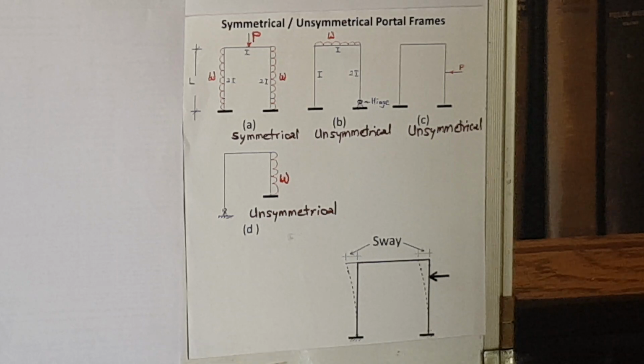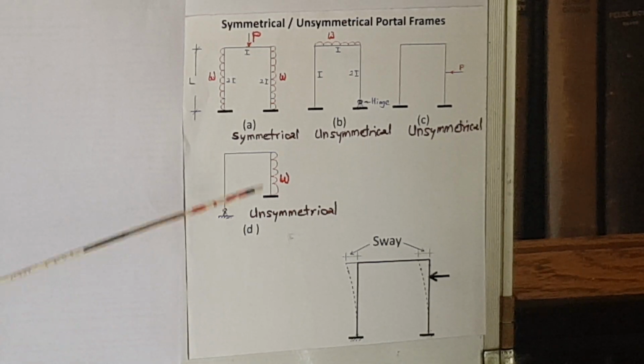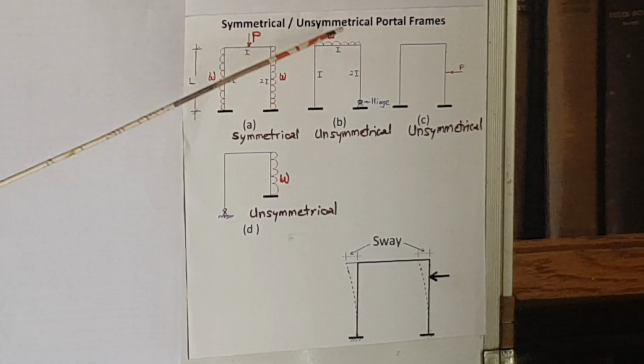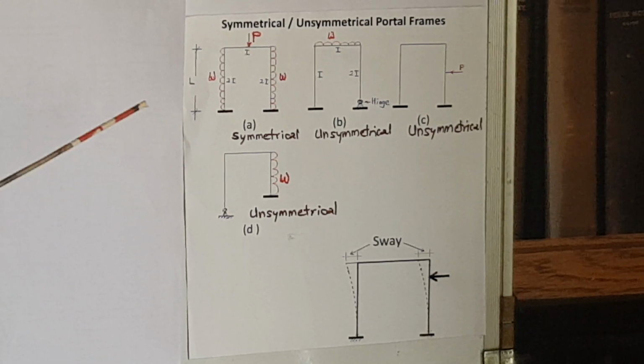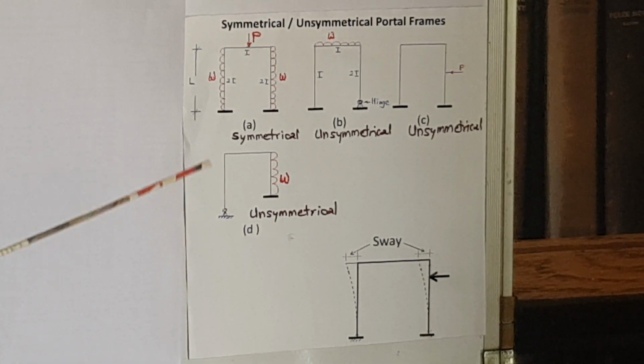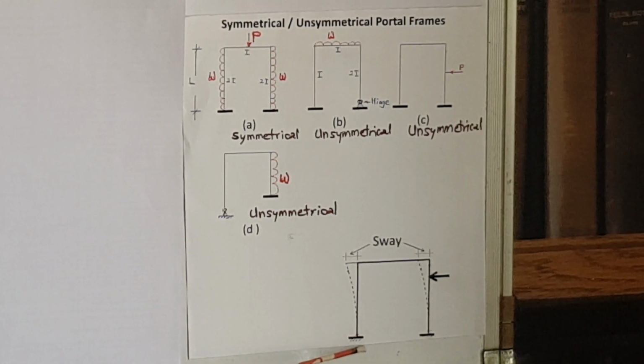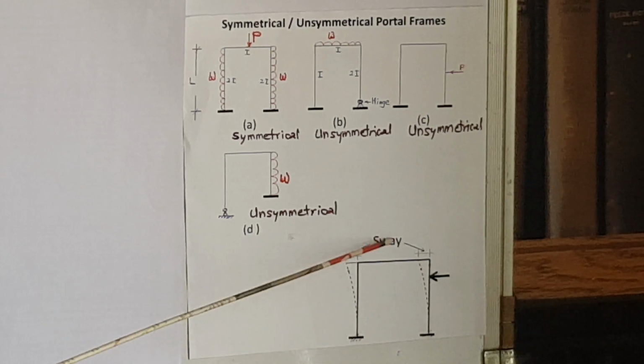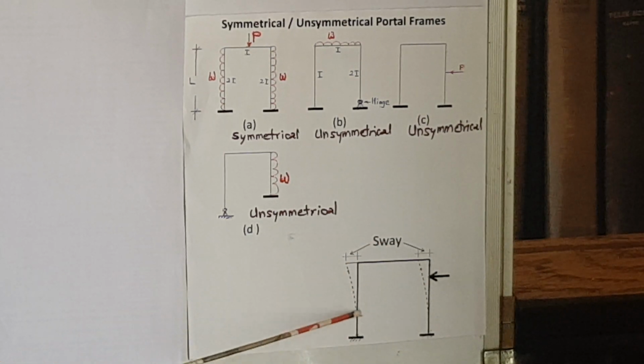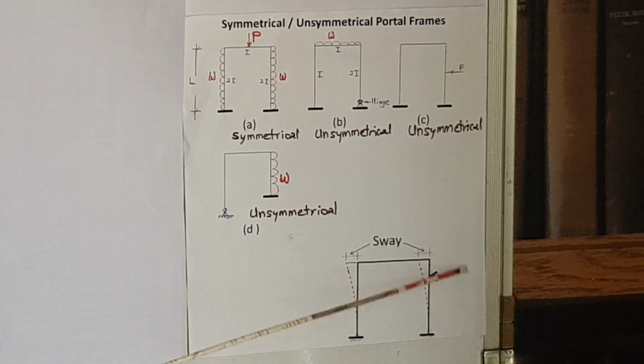Now it is important to understand why we are classifying the frames as symmetrical and unsymmetrical. What is its significance in the analysis? The significance is that whenever a frame becomes unsymmetrical like this, look here. This is a frame which is symmetrical in geometry and supports, but it is unsymmetrical in load.